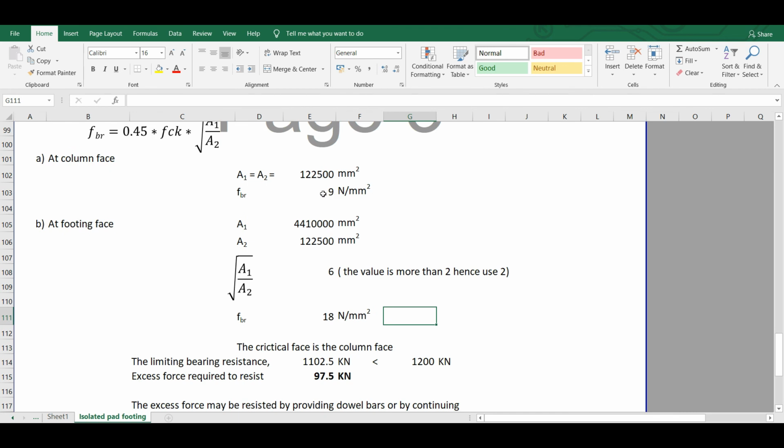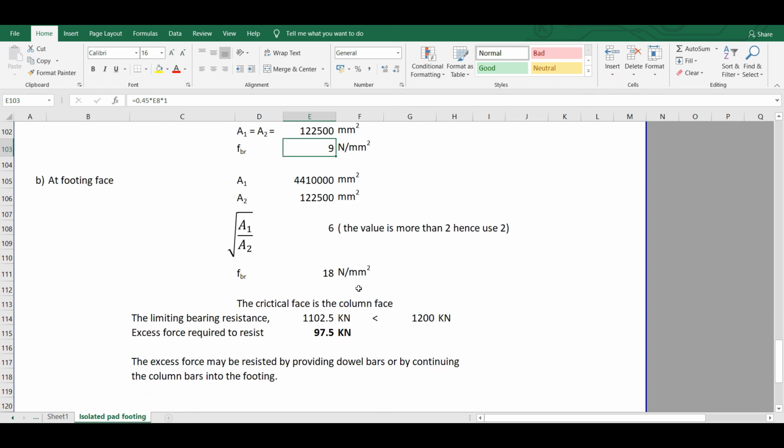So the bearing stress for the column is 9, while for the footing face it is 18. The critical face is the column face, because the bearing stress is 9 Newton per mm square. With this bearing stress, we will calculate how much load the column is able to transfer to the footing.